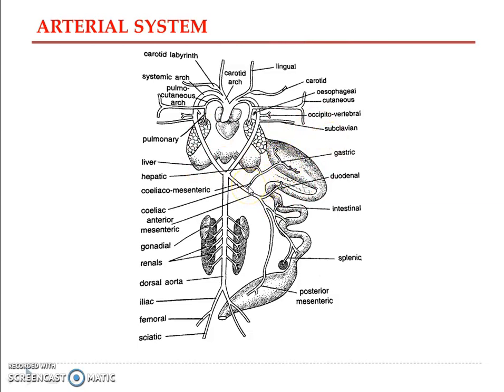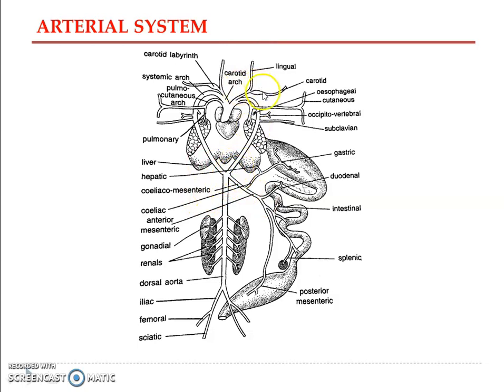The celiaco-mesenteric artery is a large but unpaired artery. It arises at the point where the dorsal aorta is formed by the union of the right and the left systemic artery. It is a single artery; they are not paired.